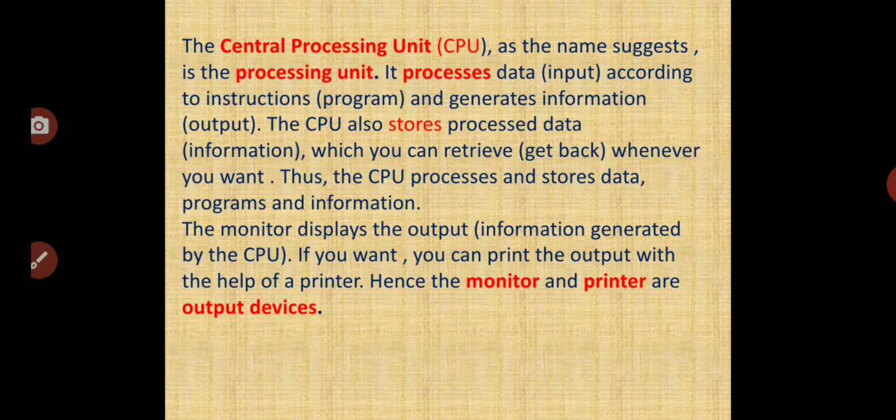The central processing unit, CPU, as the name suggests, is the processing unit. CPU means processing work is done, that is known as a CPU. It processes data, meaning input, according to the instruction program, and generates information, output.